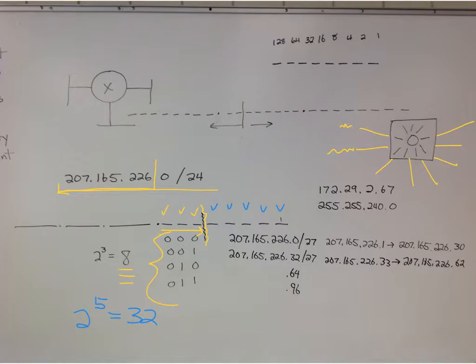But we can't use all 1s because that's the broadcast, and we can't use all 0s because that's the network address. So you always subtract 2, so we have 30 possible addresses to use.